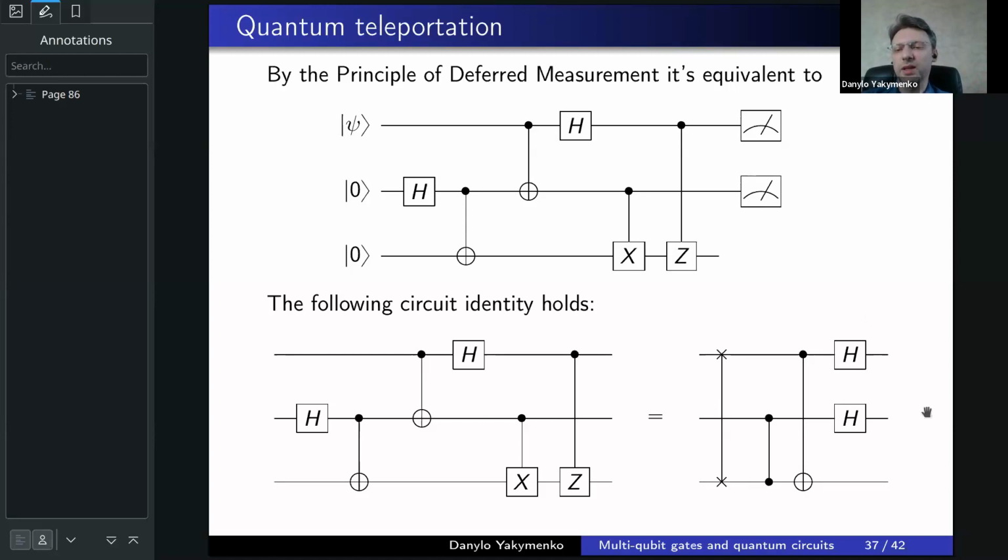But this representation is useful to prove that teleportation works. Simply as simple as that. I hope this answers.